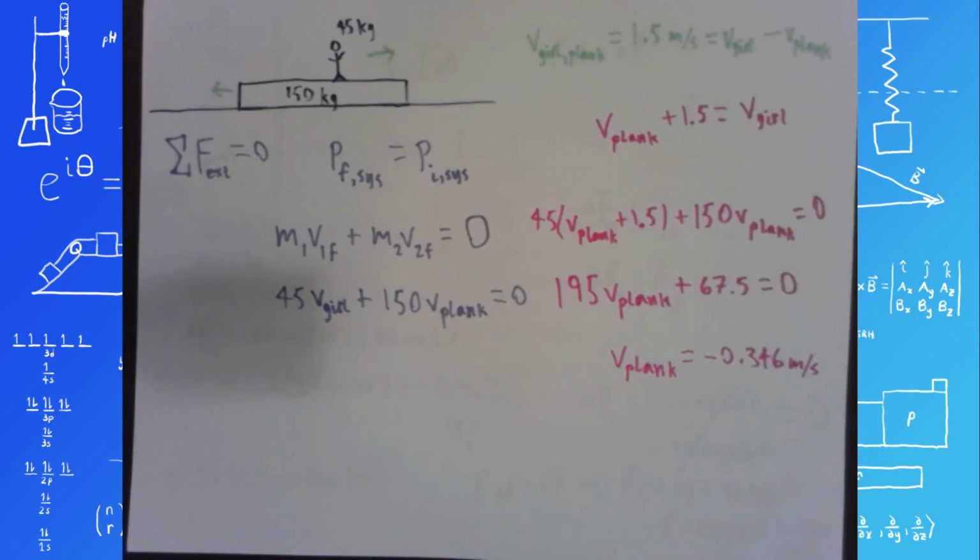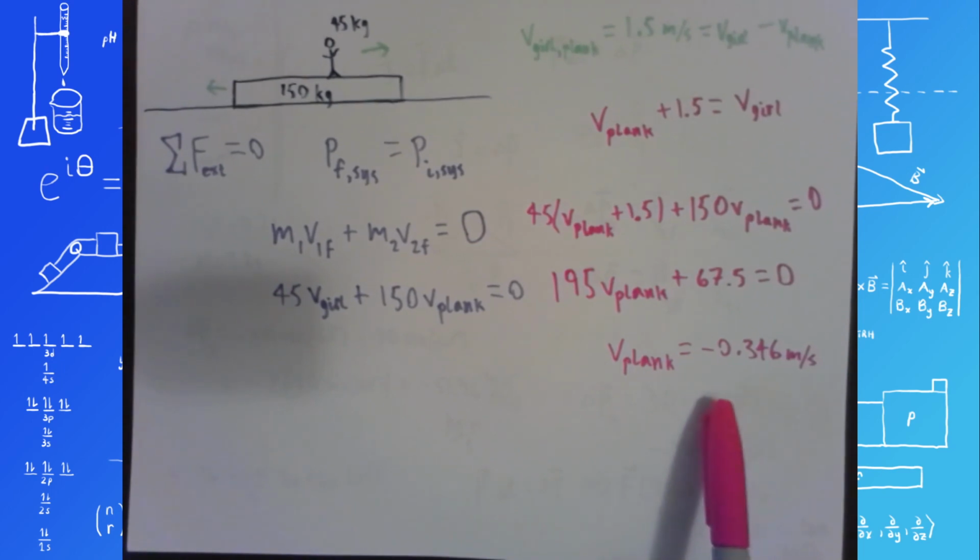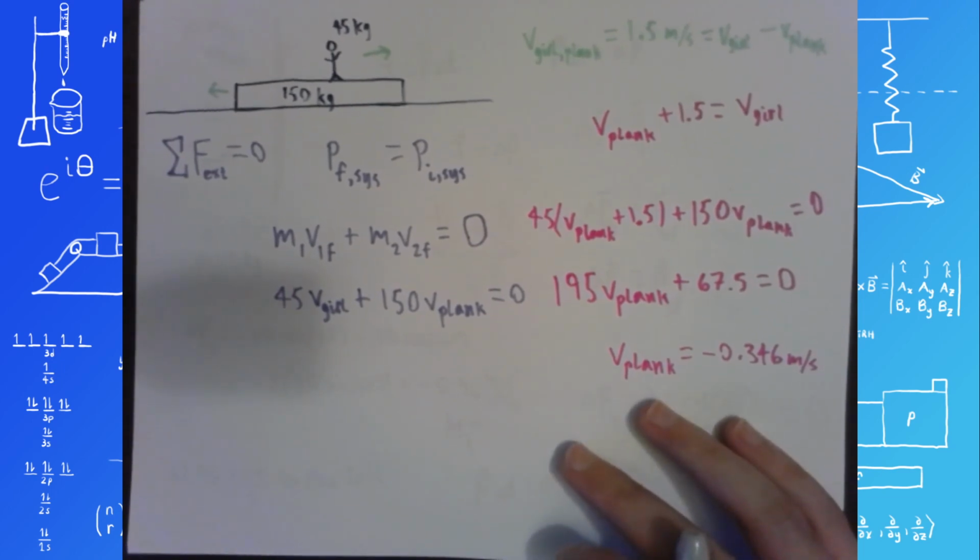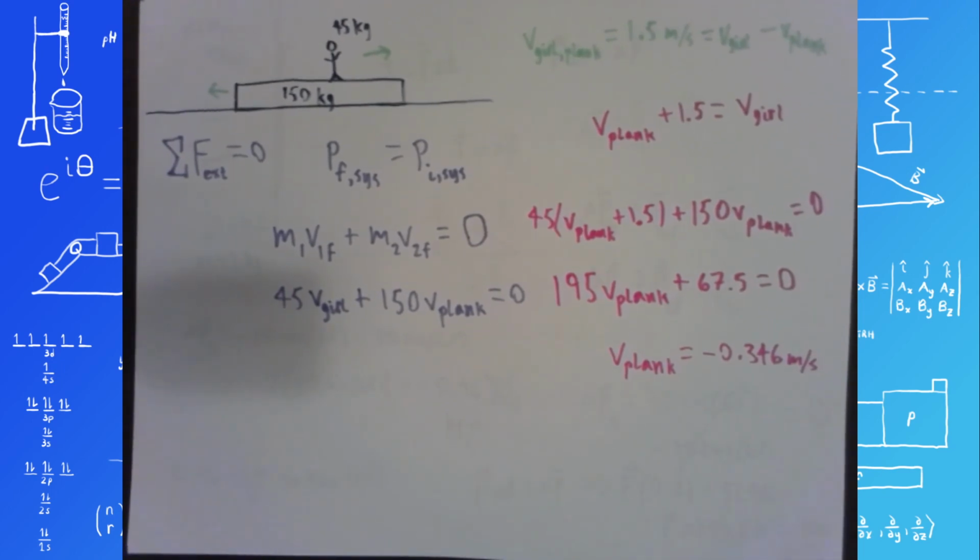Oh, also I should note that the value we are getting for V plank makes a lot of sense. For one, it's in the correct direction. It's to the left, as indicated by the fact that it came out negative. And also, it's pretty small in magnitude. It should be smaller in magnitude compared to the velocity of the girl.